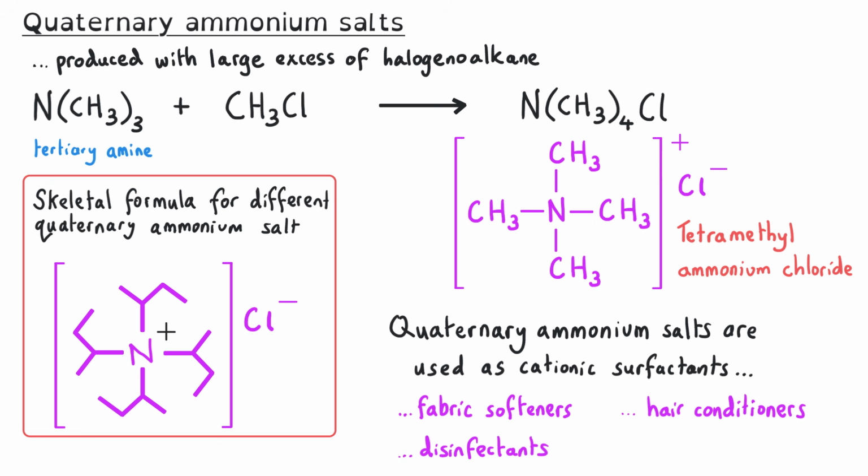This works because quaternary ammonium salts contain a positively charged ammonium head and long hydrocarbon tails. The charged head is attracted to water, while the non-polar tail dissolves in grease, and so the quaternary ammonium salt sits at the surface and helps to lift the oily dirt away from whatever surface you are cleaning.